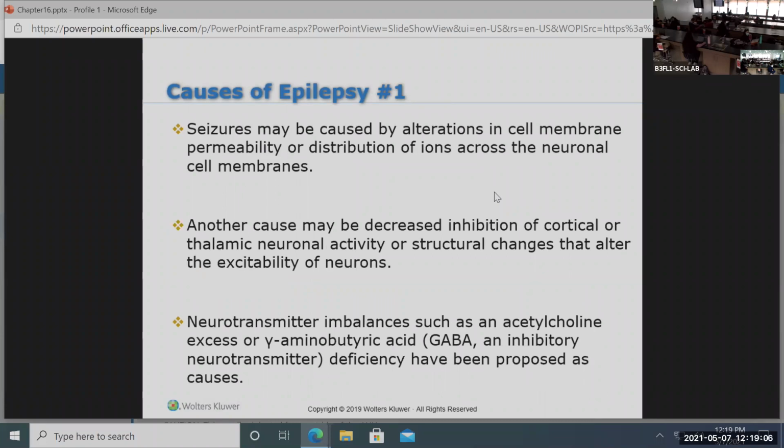Please highlight, seizure may be caused, what is the general cause, what is the usual cause? Caused by alteration in cell membrane permeability or distribution of ions across the neuronal membrane. These are the usual causes of any seizure.